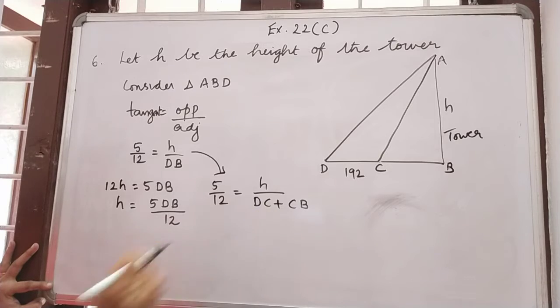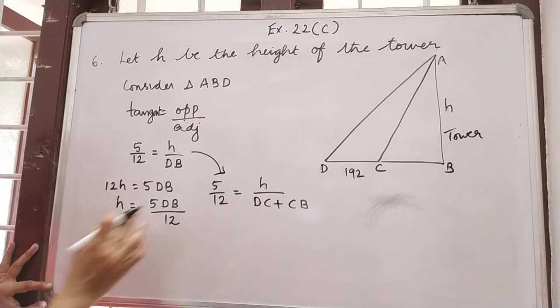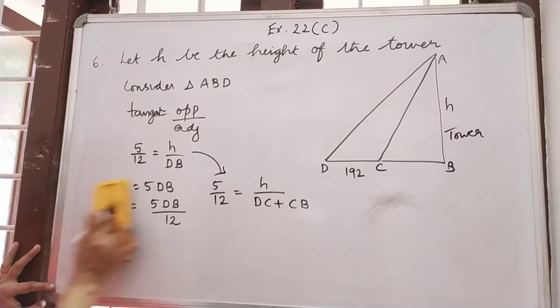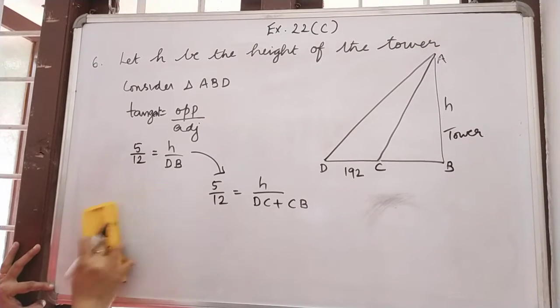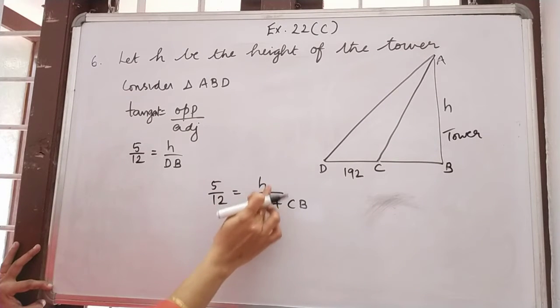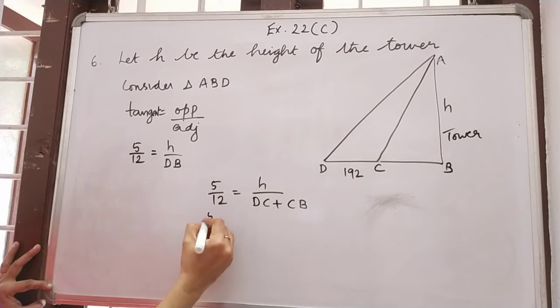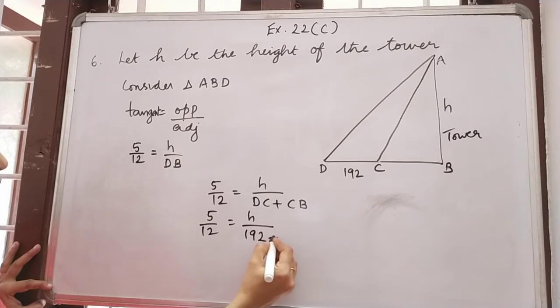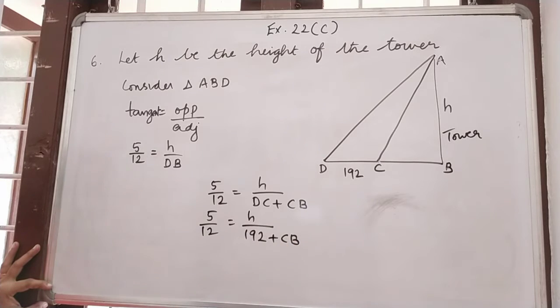Why? Because we have DC equal to 192. That is convenient. So directly we can write 5 by 12 is equal to H divided by 192 plus CB.